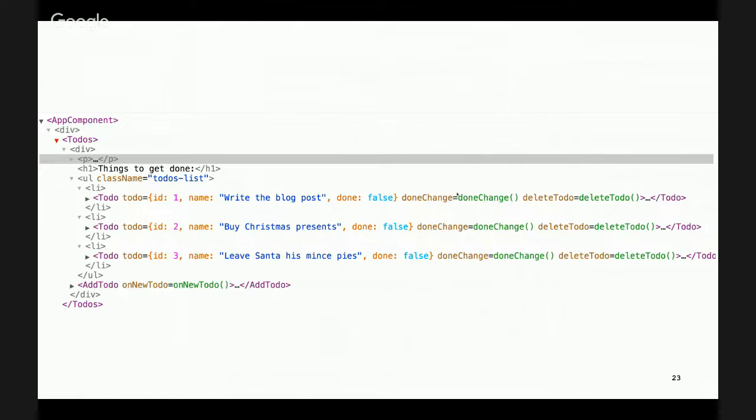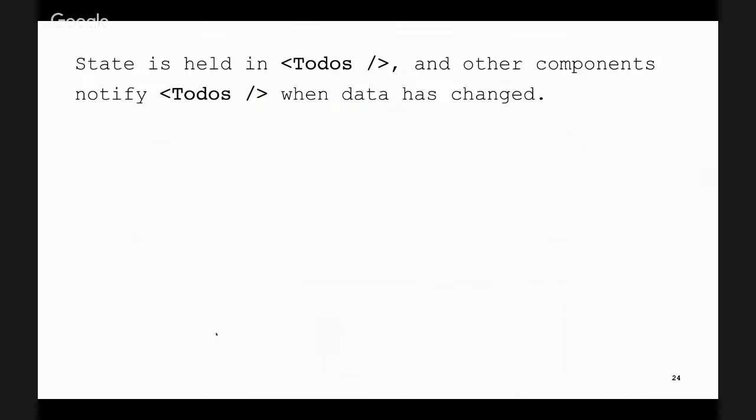Then it gets a couple of callbacks, done change and delete to-do. These are called when someone hits the delete button or when they click to toggle a to-do. And then finally, we have an add to-do component, which renders the add to-do form and has a callback called on new to-do, which it should call when the user has filled out the form and hit submit. So all the state is held in the to-dos component, and other components notify that component when data has changed.